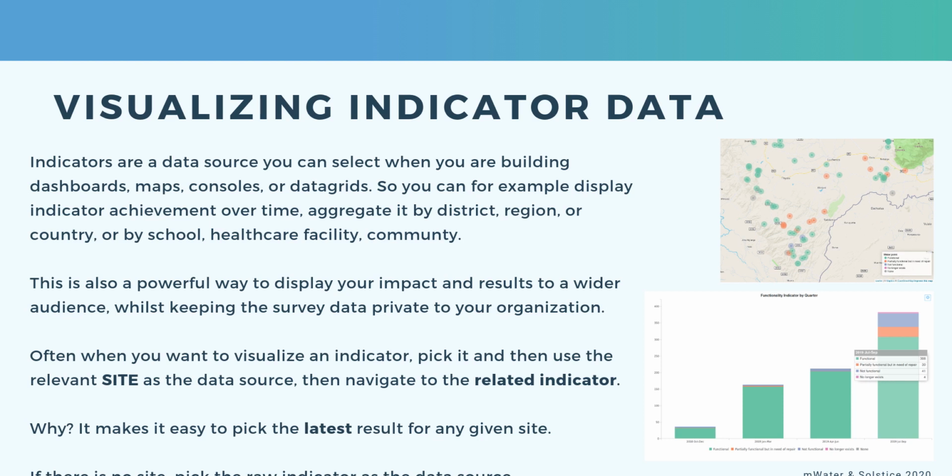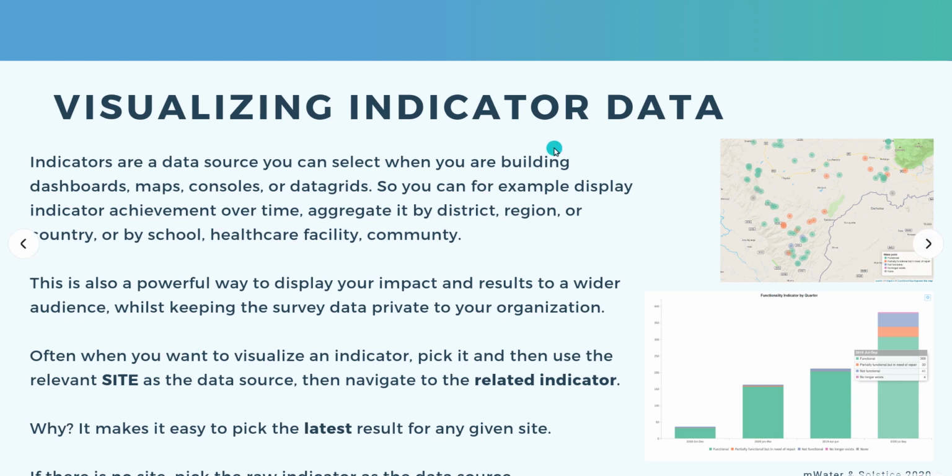And you can ask the database questions like, okay, for this school, how has it performed over time? Somebody's created 5 indicator responses for that school over 2 years. You can see how it's developing. So it makes sense to pick the site as the data source and then navigate to the related indicator. And if there's no site, and in some other cases, you want to pick the raw indicator as the data source. We'll see this in practice.